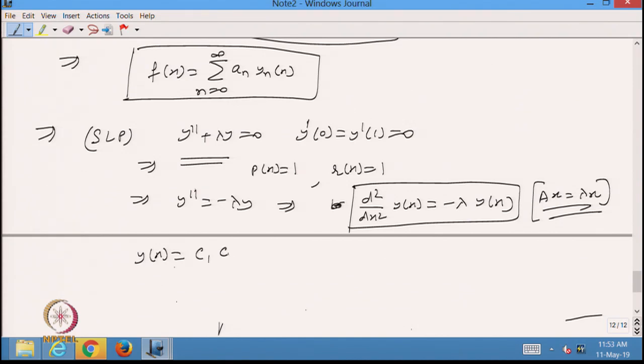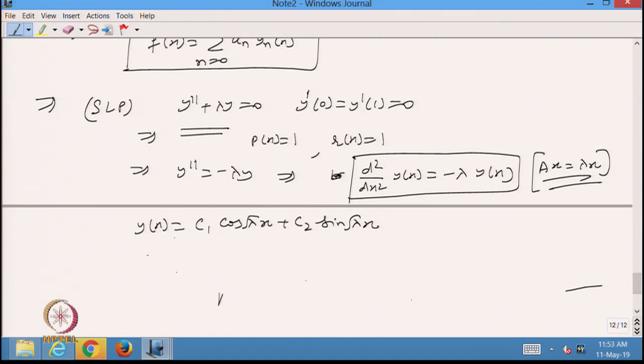So, this is C1 cos under root lambda x plus C2 sin under root lambda x. This one I can find out, and then I put the boundary condition. Then my y dash x in this case will be minus under root lambda C1 sin under root lambda x plus under root lambda C2 cos under root lambda x.